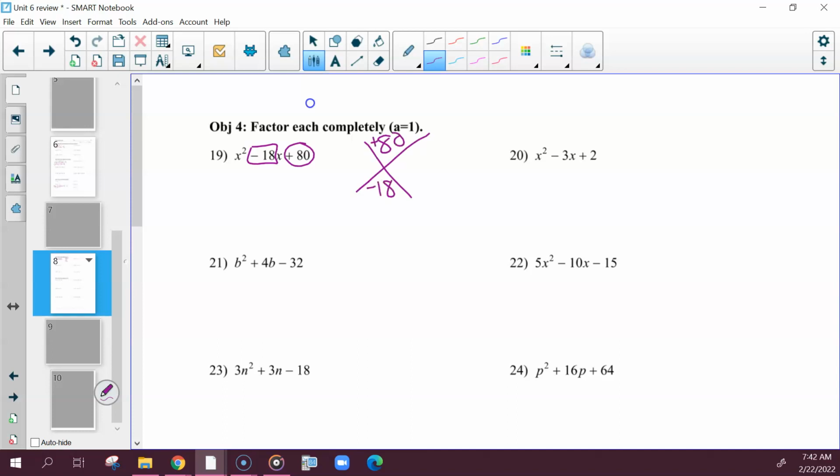What are 2 numbers that would work? 8 and 10, but they would both need to be negative. So then your 2 factors would be x minus 8, x minus 10. With that one, there's not a whole lot of work to show unless you're showing me your factors. It doesn't matter if one goes first.